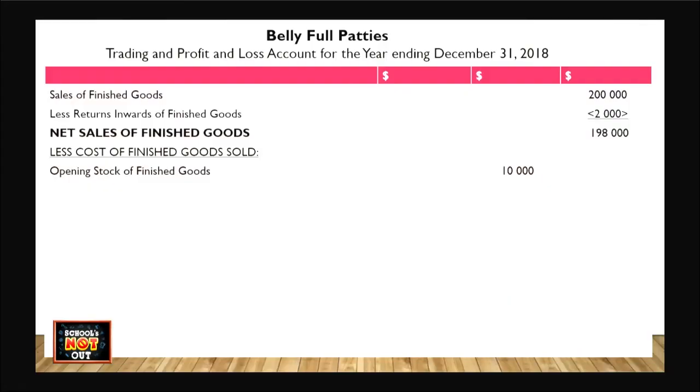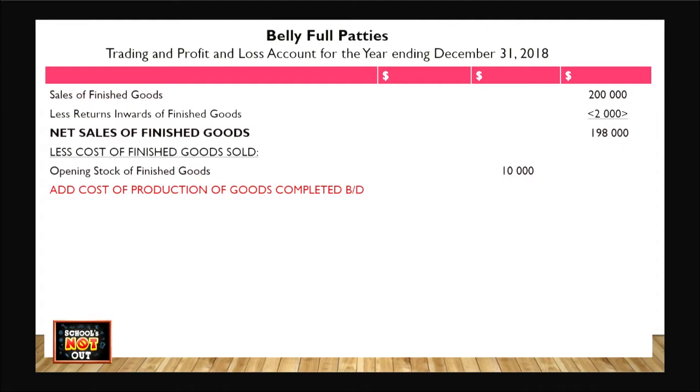So, here we are. The opening stock, yes students, will be inserted first. In this case, our opening stock is $10,000. We're then going to add to our opening stock our production cost of goods completed.